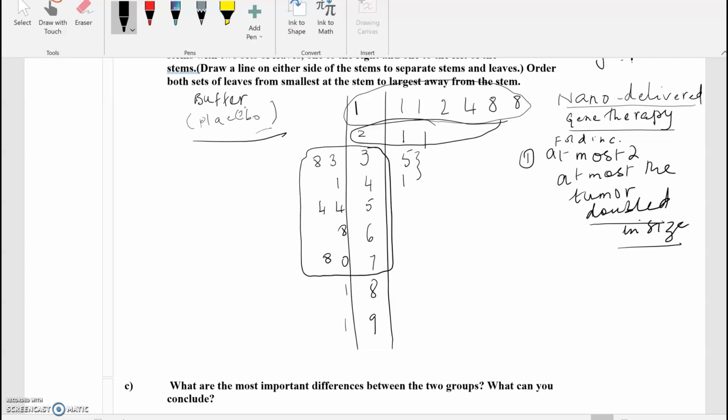Most of the numbers are between 3.3 and 7.8. So at best, the tumor tripled in size. This is the lowest number, tripling in the size. And most of them increased about 8 times the original size.